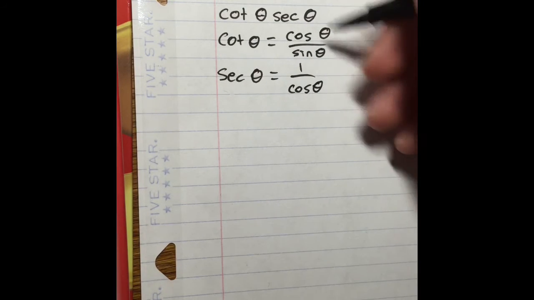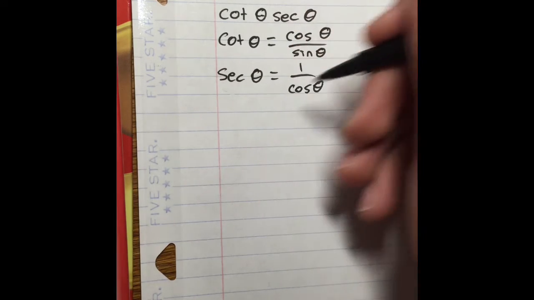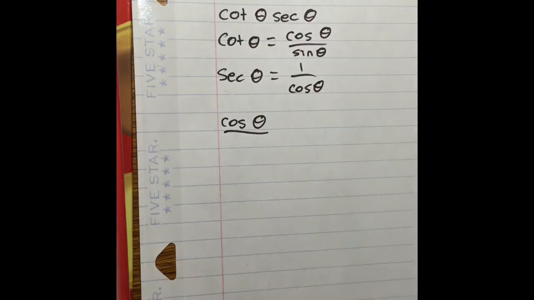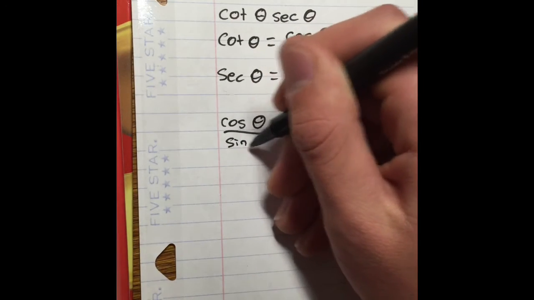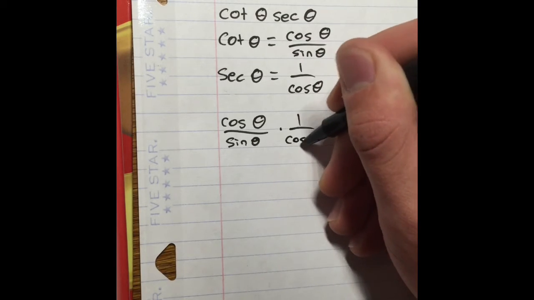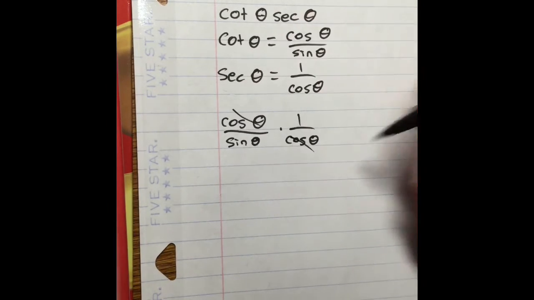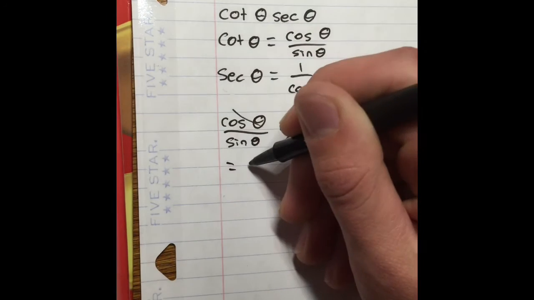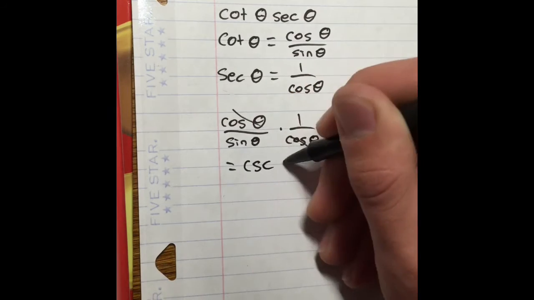So then we plug in these identities for what we have up here, and we get cosine theta over sine theta times 1 over cosine theta. These two cancel out, and we're left with 1 over sine theta, which is the same as cosecant theta.